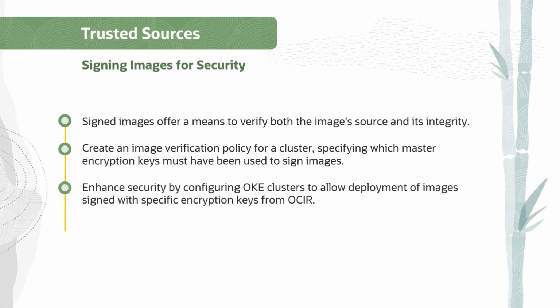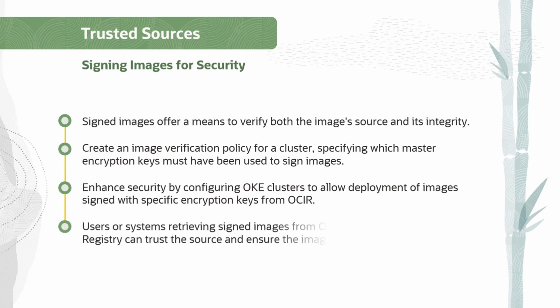This enhances security by configuring Container Engine for Kubernetes clusters to allow the deployment of images signed with specific encryption keys from Oracle Cloud Infrastructure Registry. As a result, users or systems retrieving signed images from OCIR can trust the source and be confident in the image's integrity.